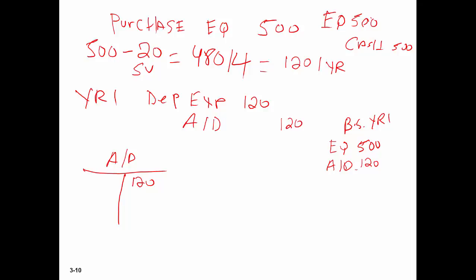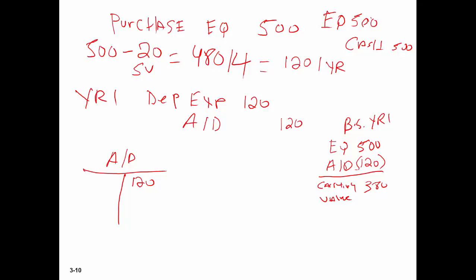And so the carrying value of that equipment is now what, 380? The carrying value of that equipment is 380, and that's at the end of year one, isn't it?